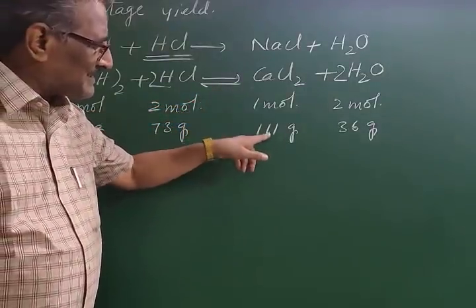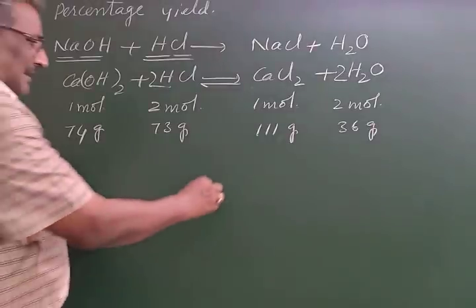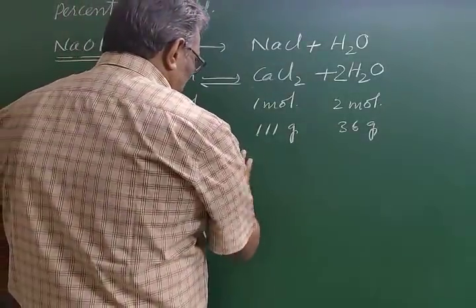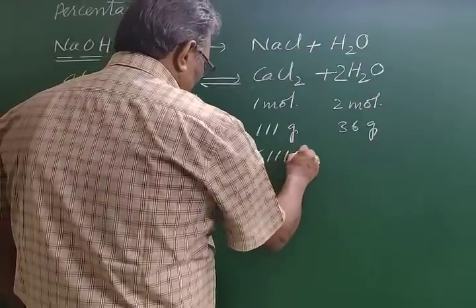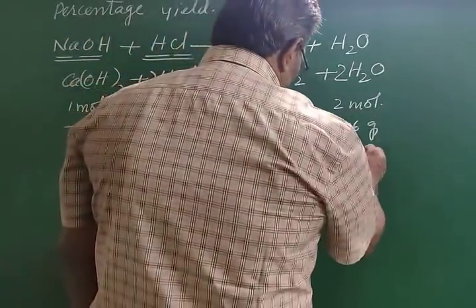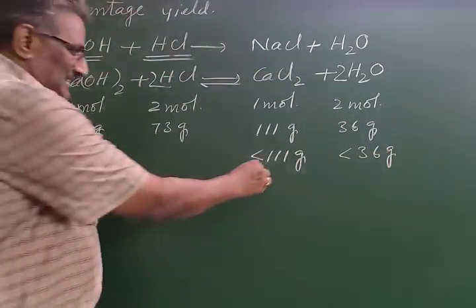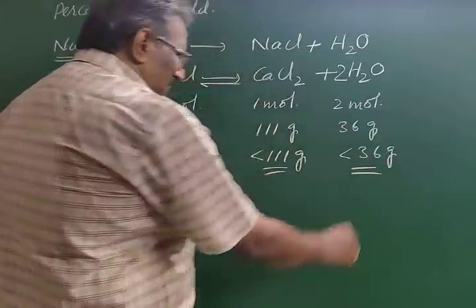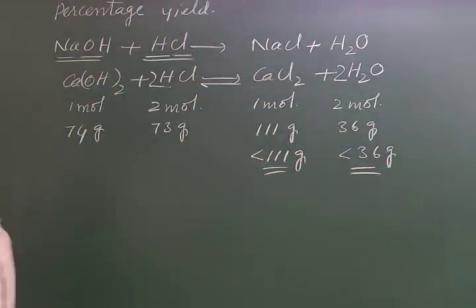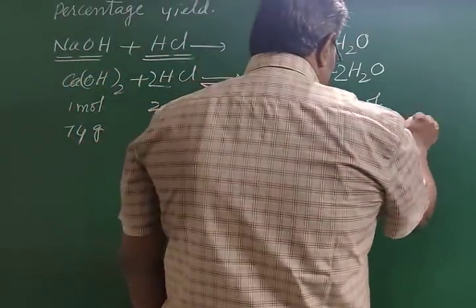So the yield of calcium chloride will be less than 111 grams. It may be either 100 grams or 95 grams, less than 111 grams, and the water will also be less than 36 grams. These are the actual yields. These are the theoretical yields.